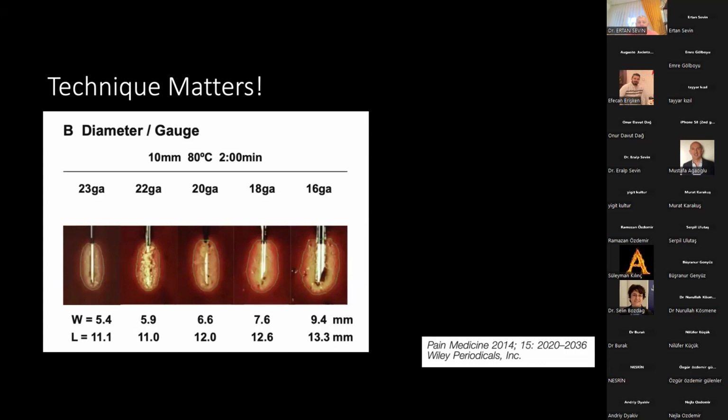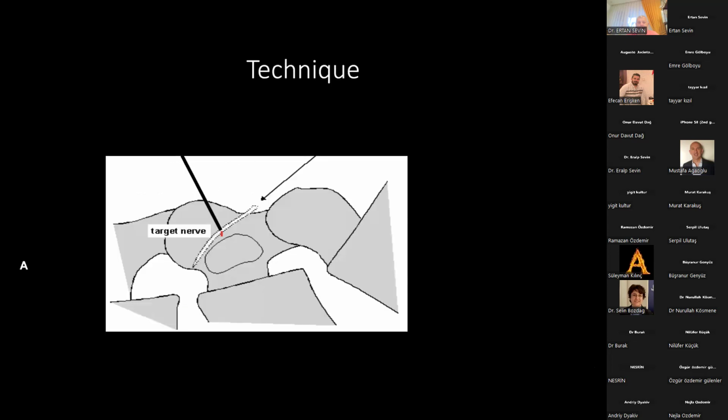The other thing that matters when we do this procedure is how we put the electrode over the nerve. So this is an example of where, here is the transverse process and the superior articular process, and this is the nerve running in that groove. It's a lateral view, obviously. If you try to place a needle down perpendicular to the nerve, you can see you have to be very precise to catch the nerve.